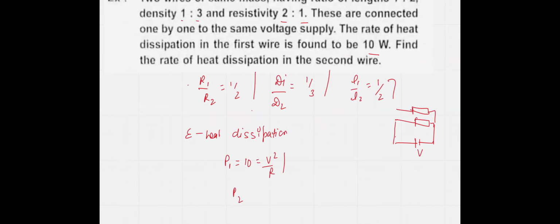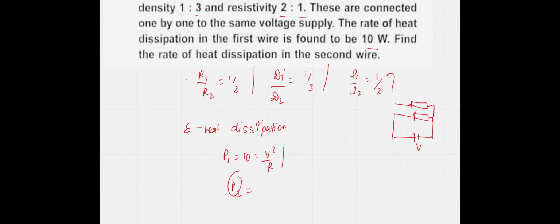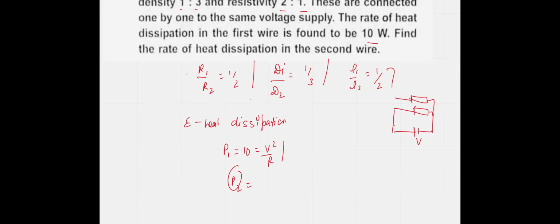P2 will be equal to some value which I can figure out, which can be written as V square by R2. Let's divide them. What we get is P1 by P2 equals R2 by R1.